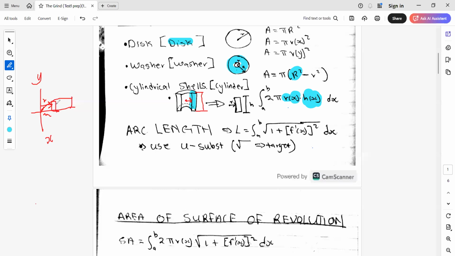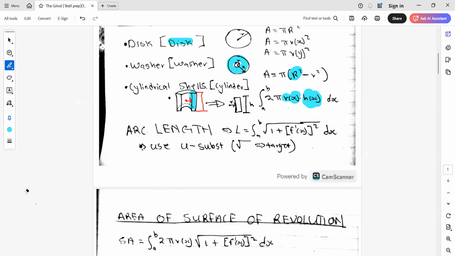It's going to be the top minus the bottom. So the top is your curve, which is the square root of x. So that's just going to be the square root of x minus 0. So in this case, you're just going to have the square root of x. So that's what you're going to have. Okay. So on the cylindrical shells, you just need a rectangle. And then after that, find your radius, multiply by the height. Don't forget the 2 pi.